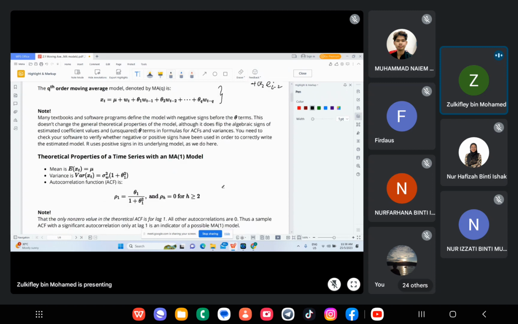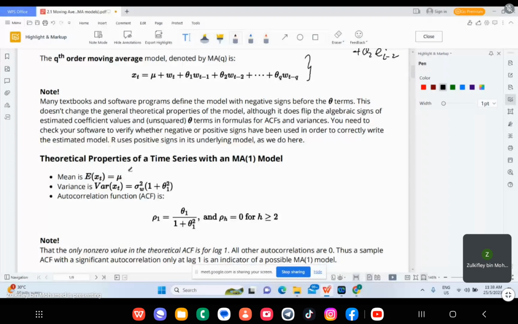Now, expectation of X ini dia punya kalau kita kata tadi untuk MA1 seperti yang saya tunjukkan tadi lah, expectation of YT is equal to mu, variance of YT is equal to sigma, variance of YI, kalau kita tulis dalam bentuk tadi lah, variance of YI is equal to sigma square times 1 minus by theta square 1.